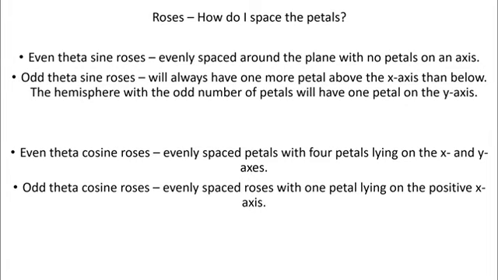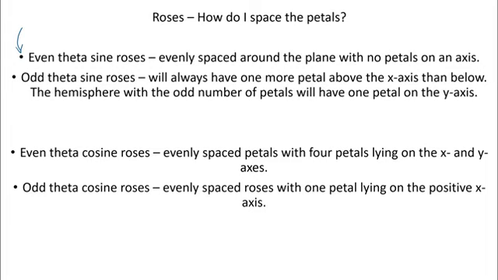So when we're graphing roses, how do we space the petals? Like, how do we know the orientation of the petals on the graph? All right. So for even theta sine roses, this will be like sine 2 theta, sine 4 theta, sine 6 theta, and so on.